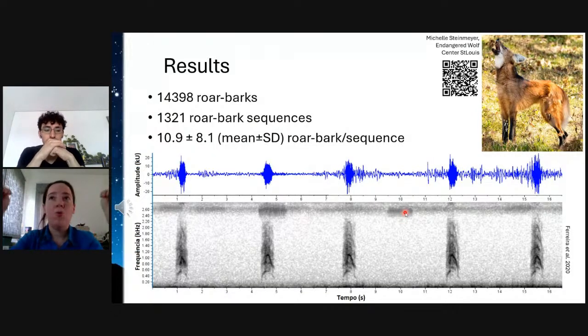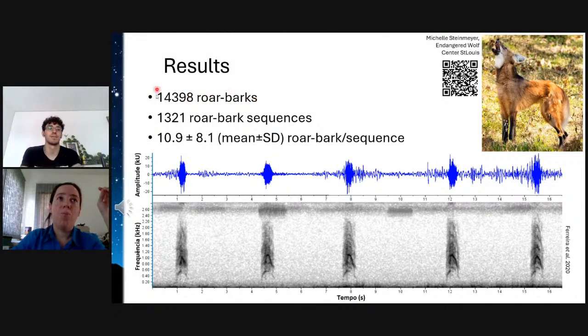In total, we got 1,321 roar bark sequences with more than 14,000 roar barks. And this is an example. They make those sequences of about 10 roar barks. This is just a clip, an example with 5 roar barks, and I'll play it for you.